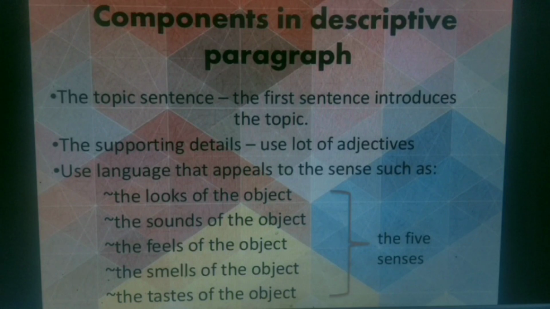Use language that appeals to the 5 sense organs: the looks of the object, the sounds of the object, the feels of the object, the smells of the object, the tastes of the object. So these 5 senses will make your descriptive paragraph very impressive. So include all these 5.